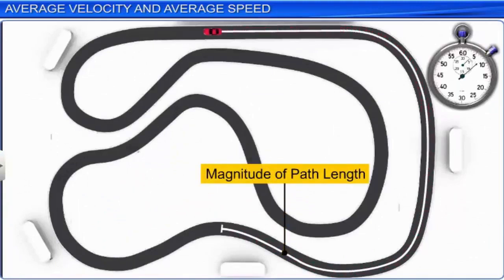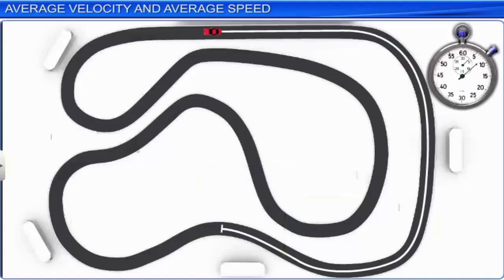That is, meters per second or kilometers per hour. When a body moves in a straight line in the same direction throughout its motion, the magnitude of the displacement is equal to the total path length. In such a case, the magnitude of the average velocity is equal to the average speed.